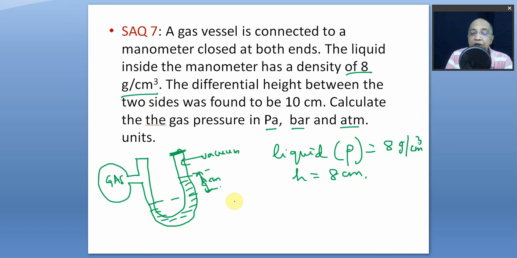So let us find out pressure due to a liquid column. It has a formula we learned from our school days, H rho into G: height of the liquid column into the density of the liquid into acceleration due to gravity. You don't ask me how this equation has been derived.